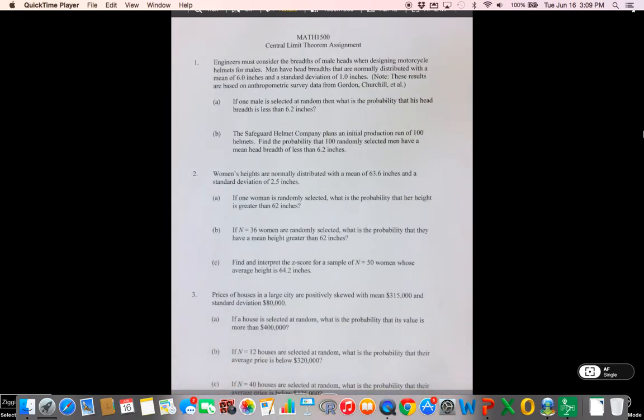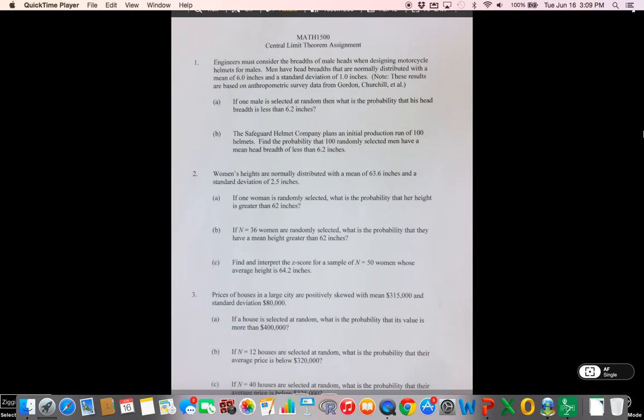Okay, so the first problem: the engineers must consider the breadths of male heads when designing motorcycle helmets for males. Men have head breadths that are normally distributed with a mean of 6 inches, and a standard deviation of 1 inch.